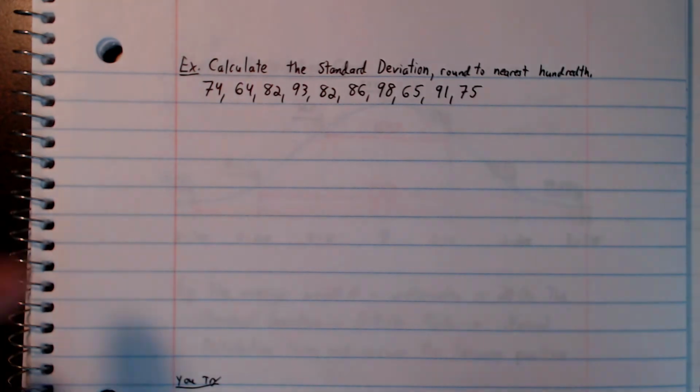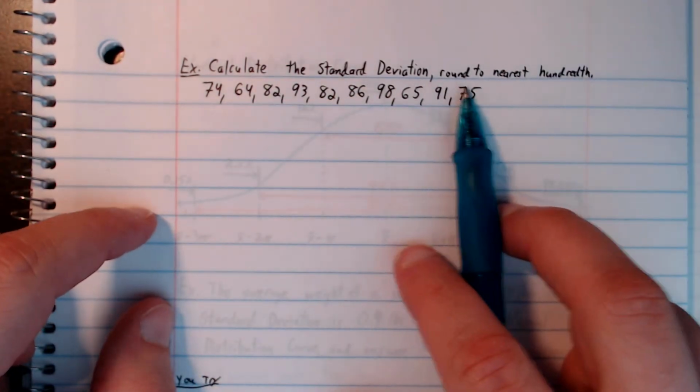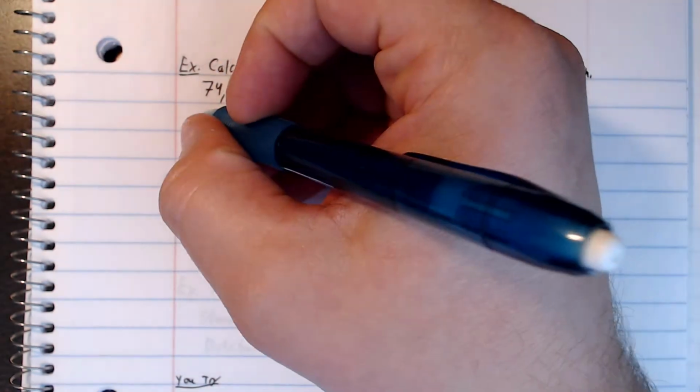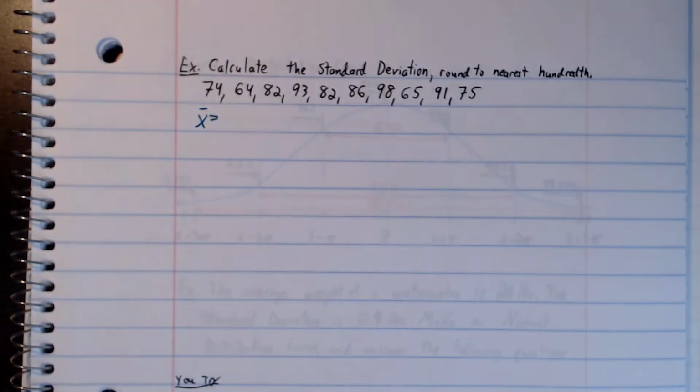So the first thing we've got to do, calculate the standard deviation to the nearest hundredth, so 2 decimal places. First thing we need to do is find the average, the mean average. So let's just go ahead and add these up here.